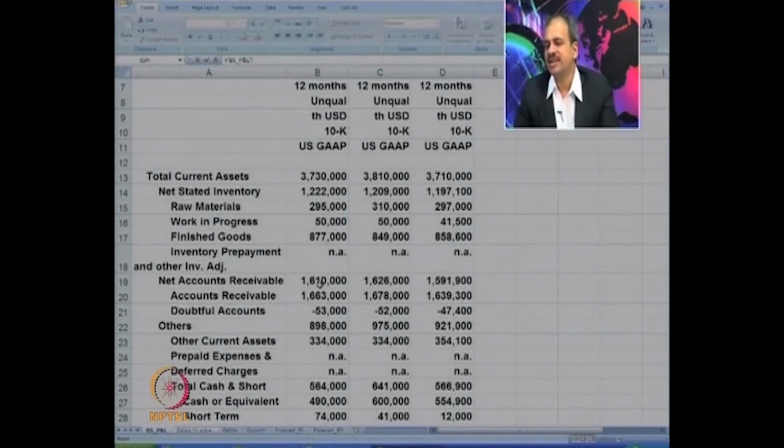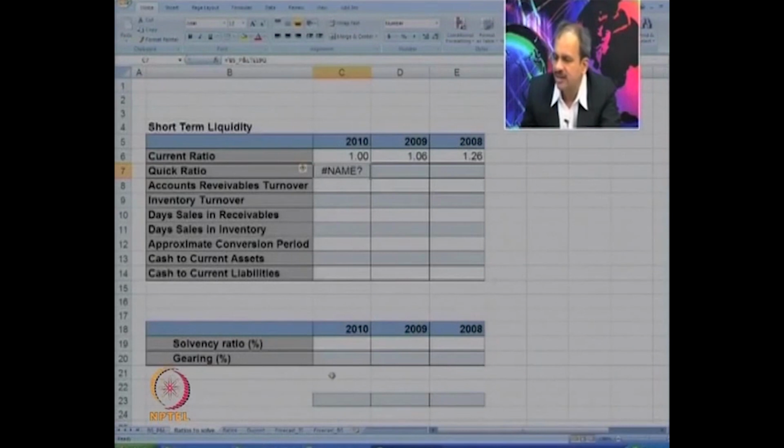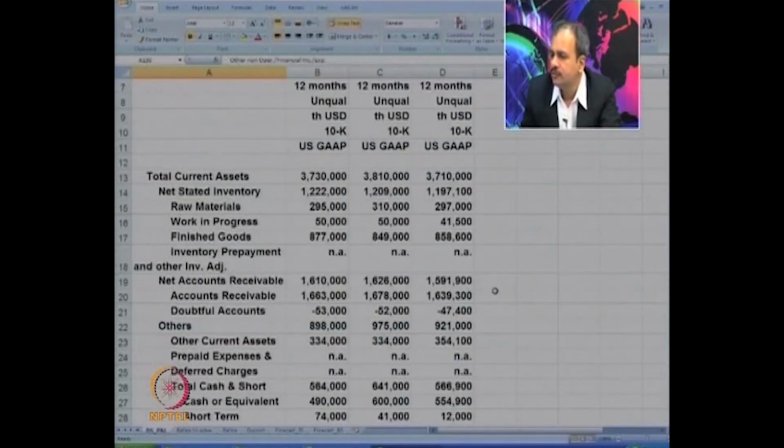Then we have got receivables, which are again divided into account receivable and doubtful accounts. So only account receivables minus the doubtful accounts could be taken as net account receivable, which is a QA. I'll try to mark the item as QA first so that it's easier for you. So this is one quick asset.